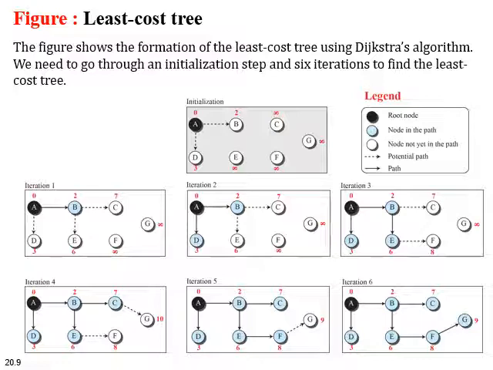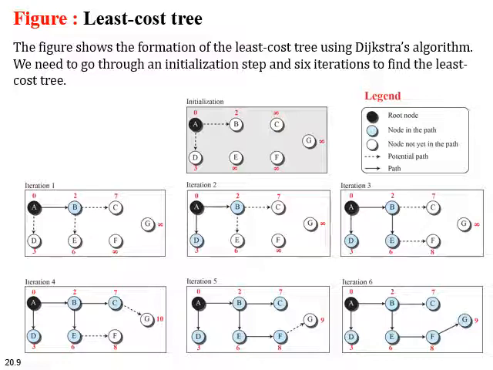Then the cost of reaching via F becomes 9, and I already studied here that with an intermediate node C, I can reach G with a cost of 10. So comparing via C and via F, the least cost will be via F. That is the potential path we are considering, and that's how the G node is also added to the root node.